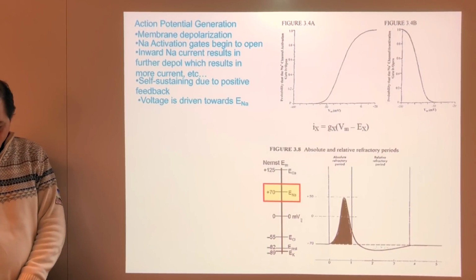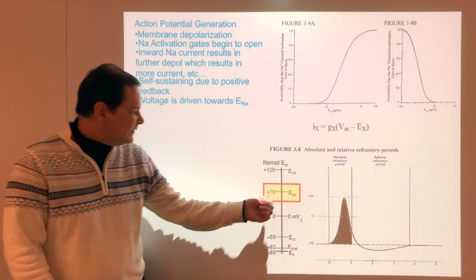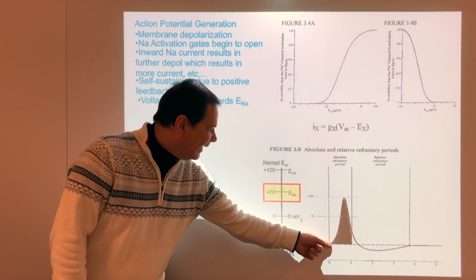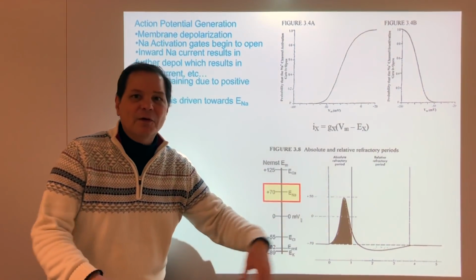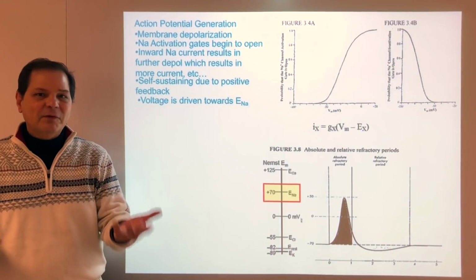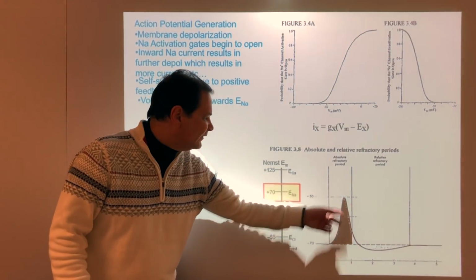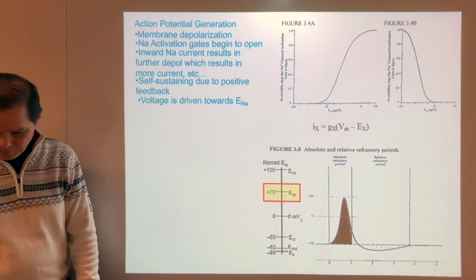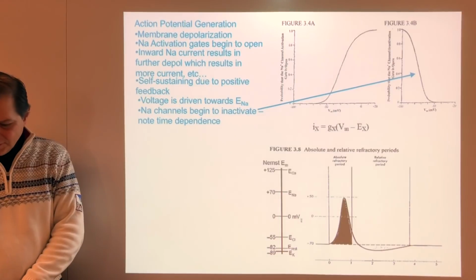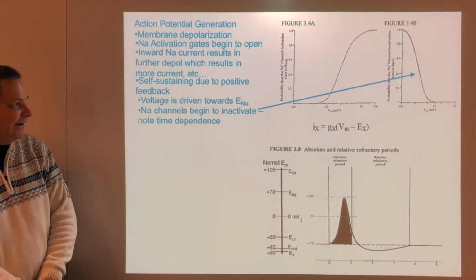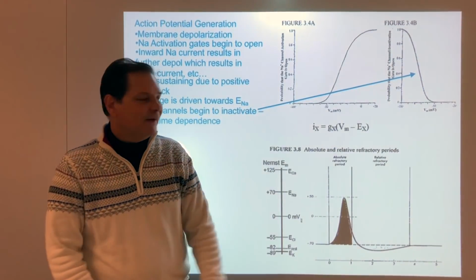The voltage is driven toward the Nernst potential for sodium, which is maybe plus 60 or plus 70. So the more sodium you bring in, the more you increase the permeability to sodium by opening sodium channels, the more the voltage migrates toward plus 70. You're bringing positive charge into the cell, okay? And sodium channels begin to inactivate as our voltage goes up.